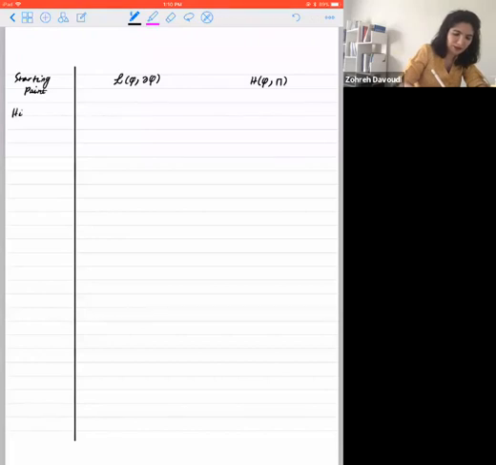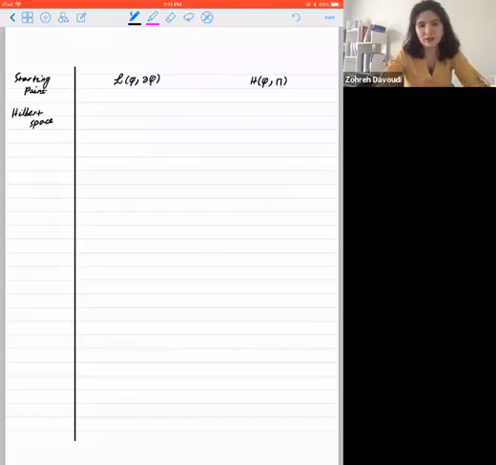Well, what about Hilbert space? It turns out that we don't actually deal with Hilbert space directly in this path integral formulation.